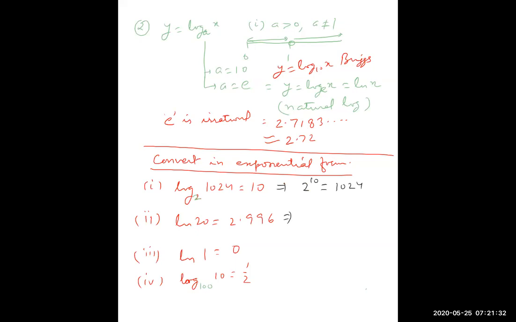This can be written with base e: e raised to power 2.996 is equal to 20. This gives e raised to power 0 is equal to 1. And this gives 100 raised to power half is equal to 10. So we can convert in exponential form.